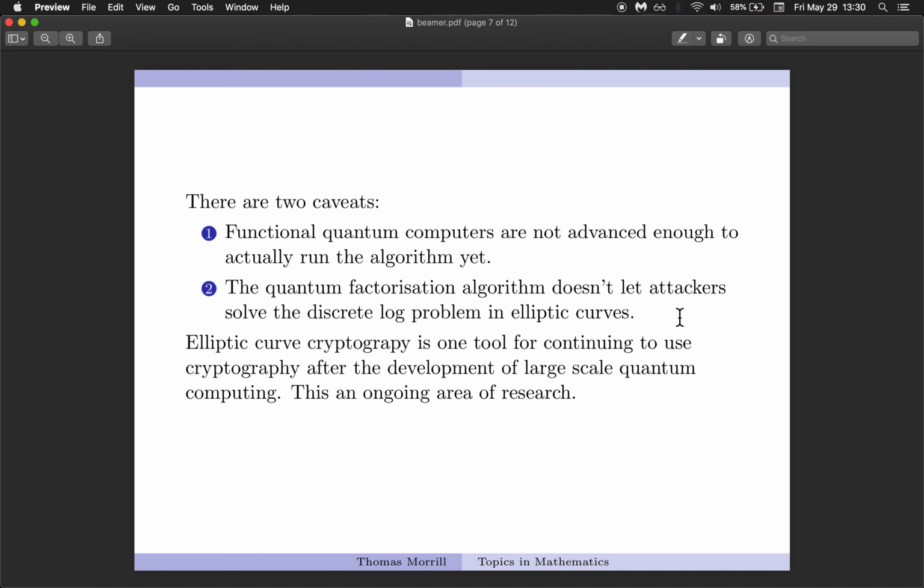If you look up things like, say, web standards for signing web server certificates, most of those are now switching over to elliptic curve methods in place of the older RSA stuff. Now, elliptic curves aren't the only way that you can try to build quantum safe cryptography.